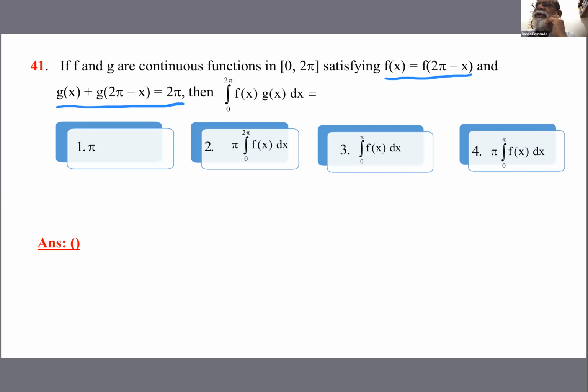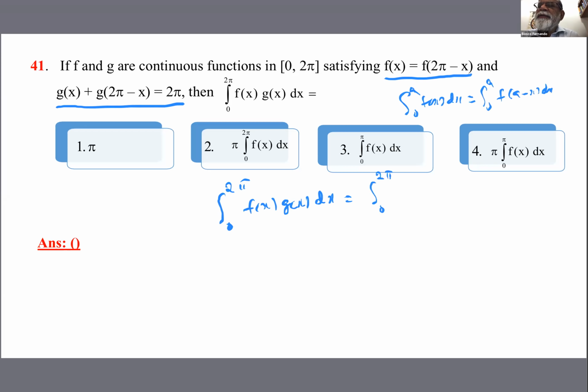So continuing with that, integral 0 to 2 pi f of x into g of x dx. Integral 0 to a f of x dx is integral 0 to a f of a minus x dx. So it will become integral 0 to 2 pi f of 2 pi minus x into g of 2 pi minus x dx.